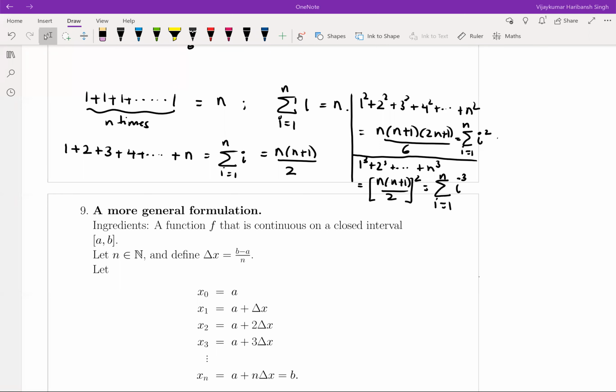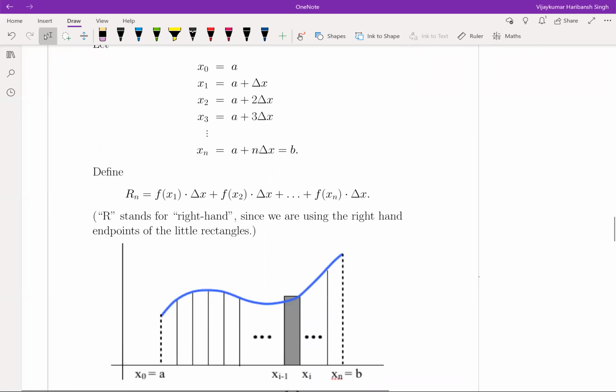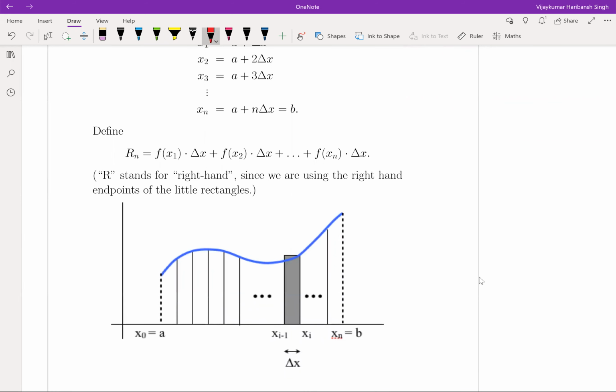So we want to generalize the concept of what we did earlier of finding the area using rectangles. We have a continuous function on the interval a to b. We divide this length from a to b into n equal parts.